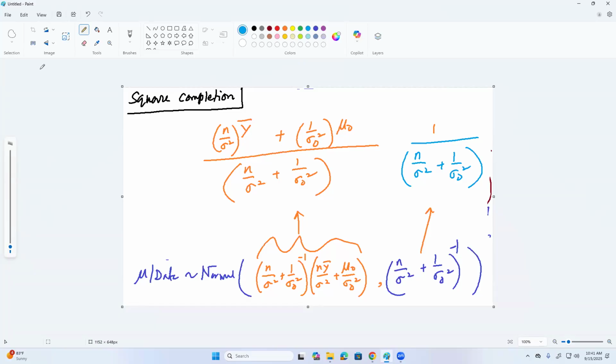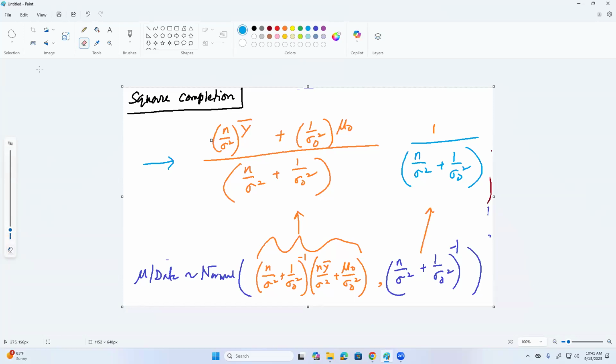Now what happens if the sample size is large? Let's do one thing. Let's divide the numerator and the denominator of the posterior mean by n over sigma squared. Suppose I do that.